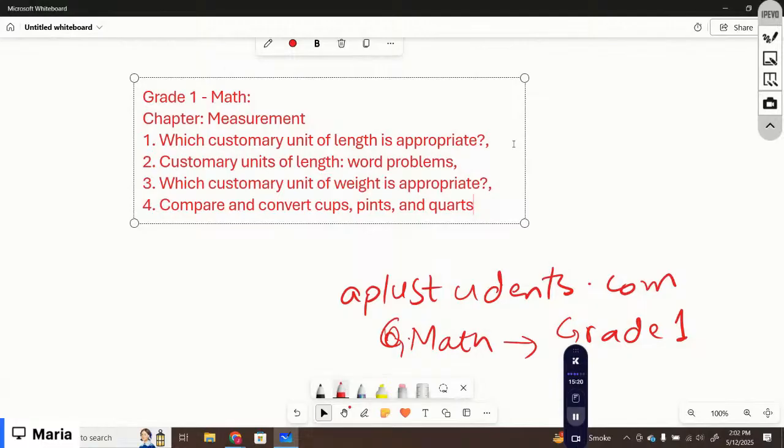The lessons we're going to cover today are which customary unit of length is appropriate, customary units of length word problems, which customary unit of weight is appropriate, compare and convert cups, pints, and quarts.